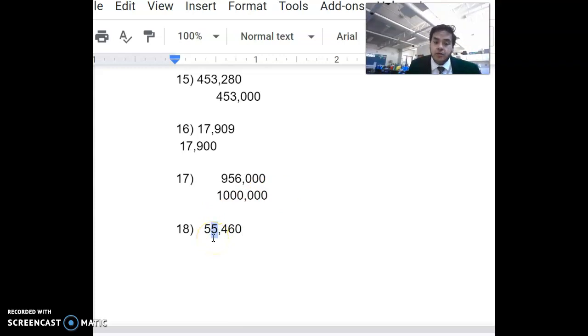I look next to the 5, and if it's a 4, 3, 2, or 1, the 5 is going to stay the same. I see it's a 4, so the 5 is going to stay the same. 55, and then everything else gets set to 0. 55,000.